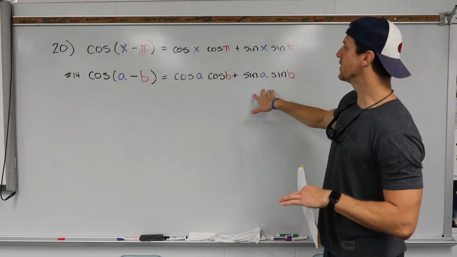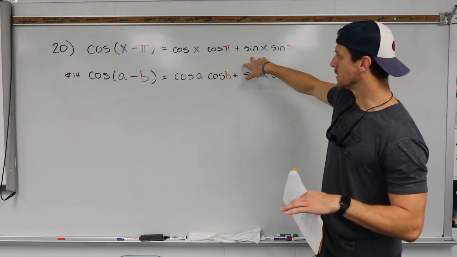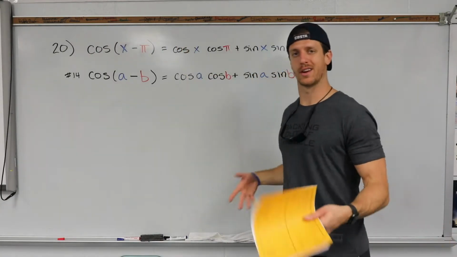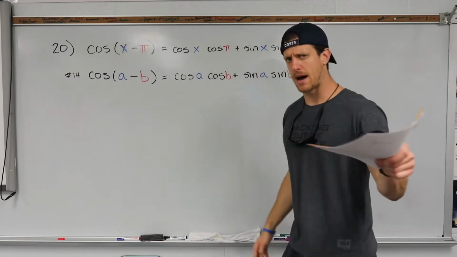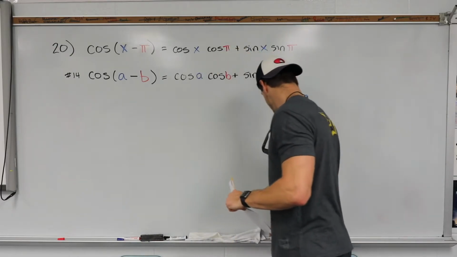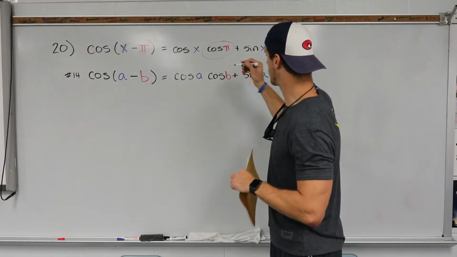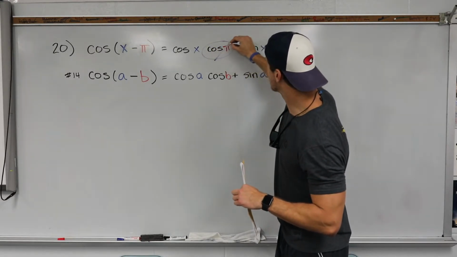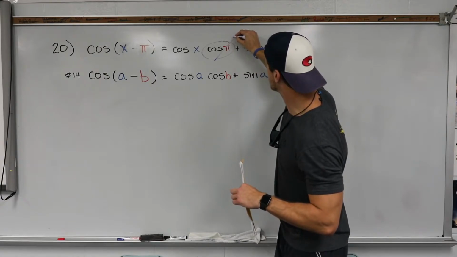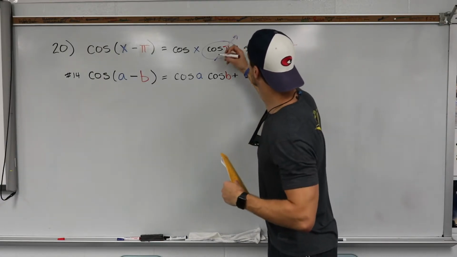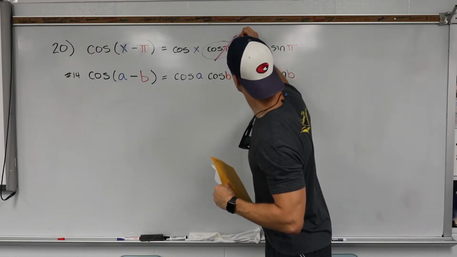So I said evaluate what you know. Okay? So we're using this to help us figure this out, right? So let's just look at here on top. Well, cosine of x, I don't know what it is. Cosine of x is just cosine of x. But cosine of pi, pretty sure. I'm going to circle it. It's kind of hard to see, I apologize. But I'm going to make it, not really crossing it out, but make it kind of go to an arrow. Kind of a better color. Will this be brighter? Ooh, brighter.